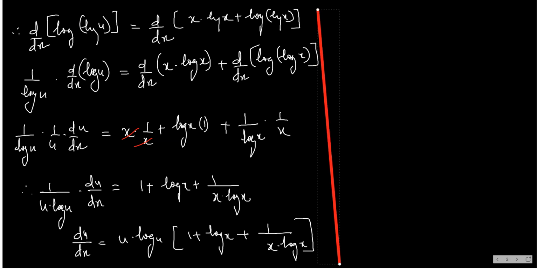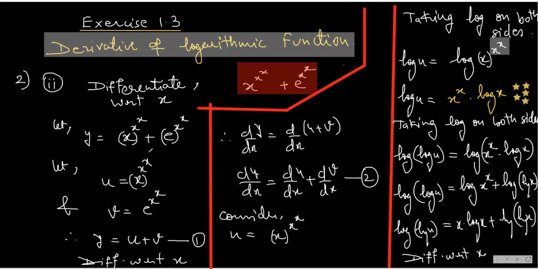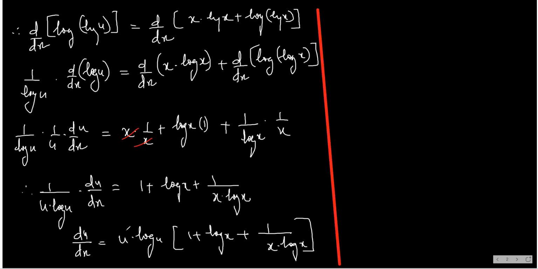What is the next step? The next step is, now I will substitute for u. What was u? U was x raised to x raised to x. So I get therefore du by dx, for u we write x raised to x raised to x.